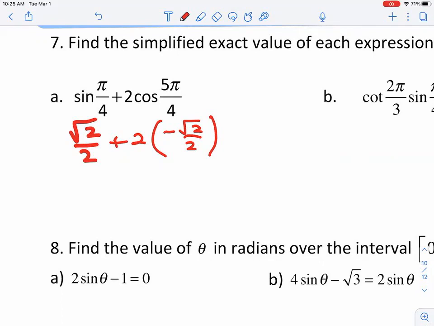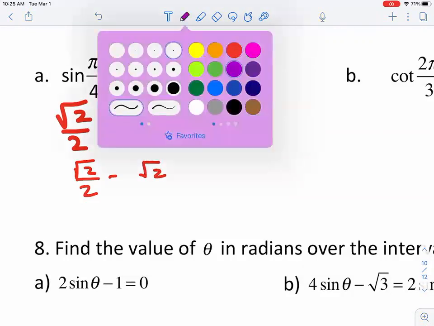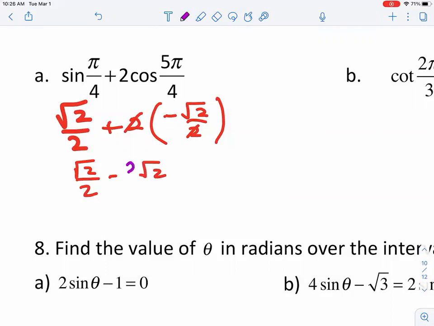Okay, so we're really just applying what we were doing the other day. It's just a little bit more, right? So let's cancel the 2's here, and I've got root 2 over 2 plus, or I guess minus, minus root 2, which if I want to combine them, I could make a common denominator.